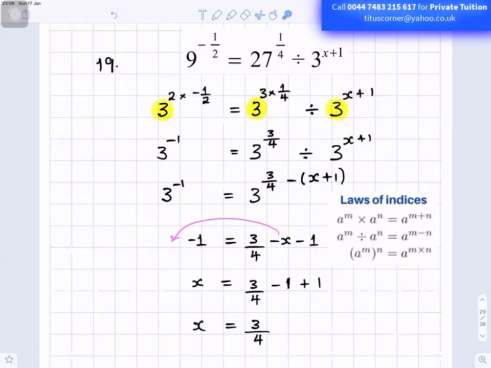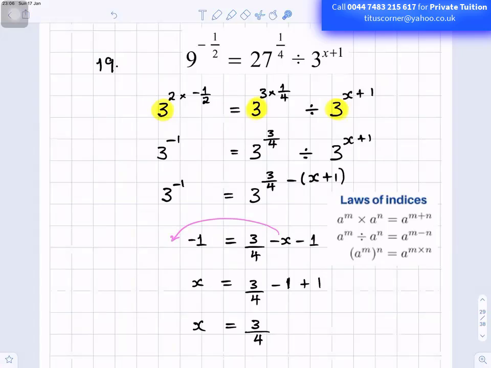Now, on the left side is 3 to the minus 1. On the right side is 3 to the 3 over 4 minus x minus 1. Since the base is the same, that means their powers have to be the same. So the minus 1 has to be equal to the top on the right hand side. So we want to solve this equation now.